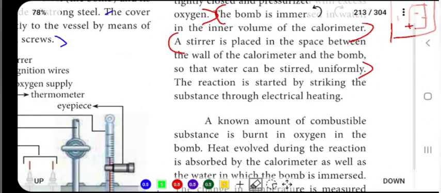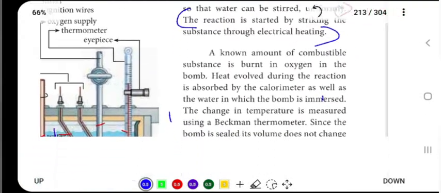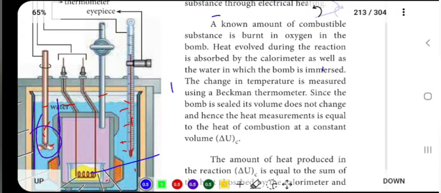The reaction is started by striking the substance through electrical heating. When you switch on, there will be a fire in the crucible where the substance is placed. Next, a known amount of the substance is burnt in oxygen in the bomb.